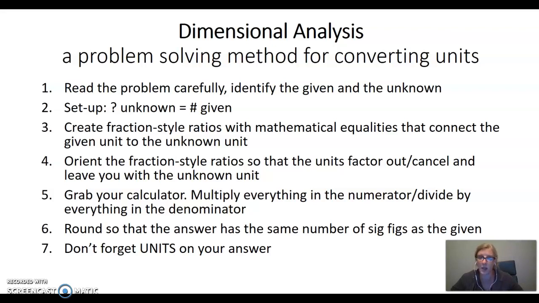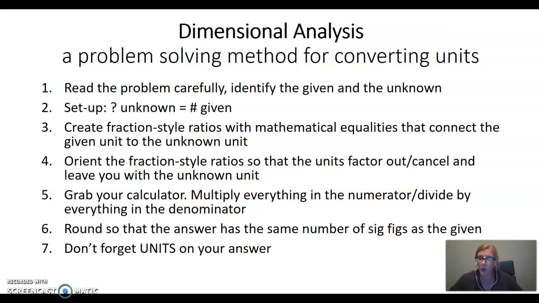We could flip it on its head and have 1 meter in the numerator and 100 centimeters in the denominator. Because we have those two choices, now we have to orient the fraction style ratios so that the units are going to factor out or cancel and leave you with the desired unit, which is the unknown unit.